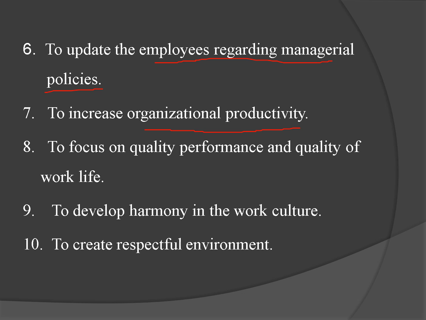What are the general resources we have? We have men, money, material, and machines. Next, the eighth one: to focus on quality performance and quality of work life. What is quality performance, and how can we achieve it?